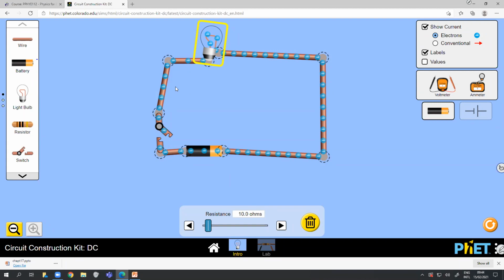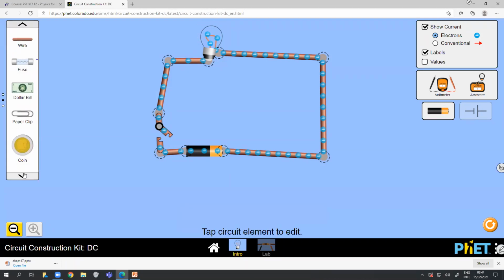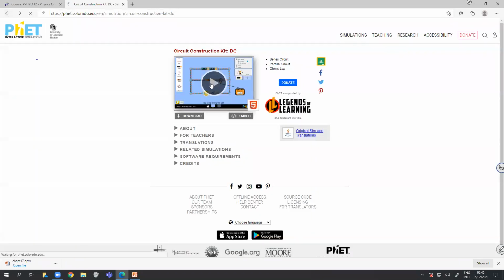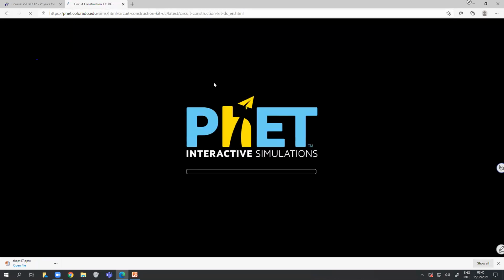Okay, I don't have a voltmeter. Where? Oh, there is no. Okay, maybe I should use the other one. Okay, let me go to that. There are two. I'm going to take time again. Maybe I should have downloaded it. Why is it taking long?